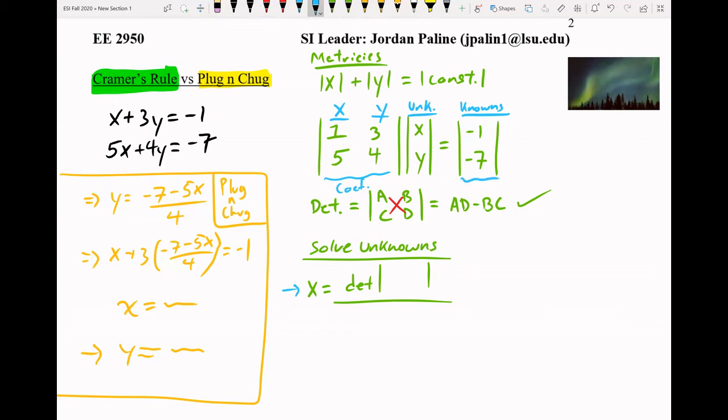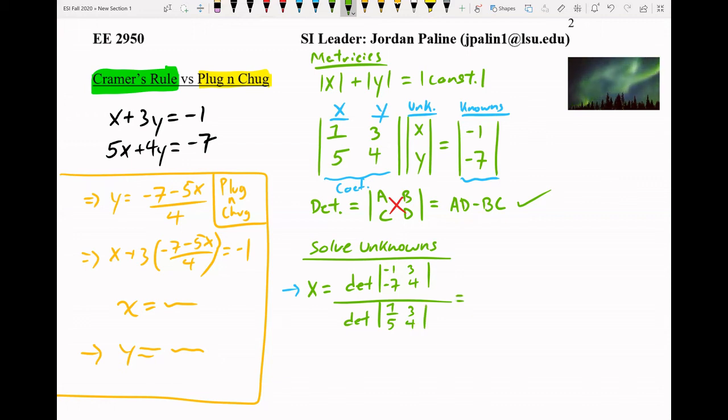And I'll make it real easy to see. So this will be -1, -7. And since we're not trying to find y, we'll just keep y, so 3 and 4. And down here in the denominator, we'll do a determinant of just the coefficient matrix. So that'll be 1, 5, 3, and then 4.